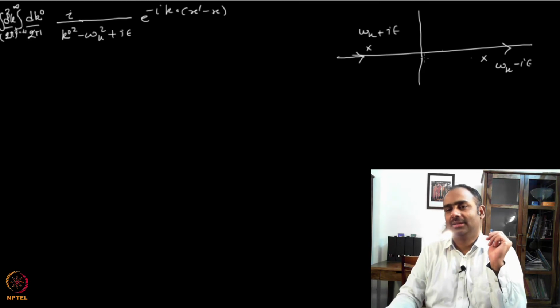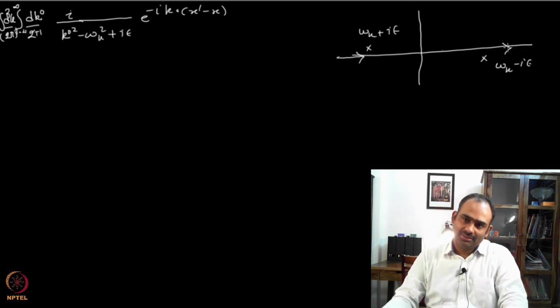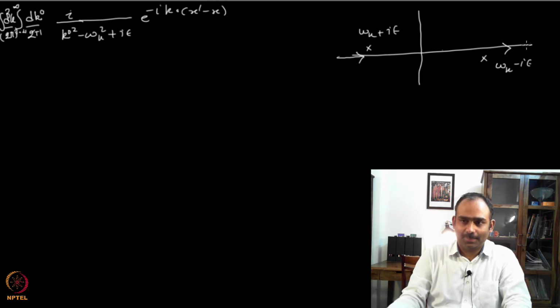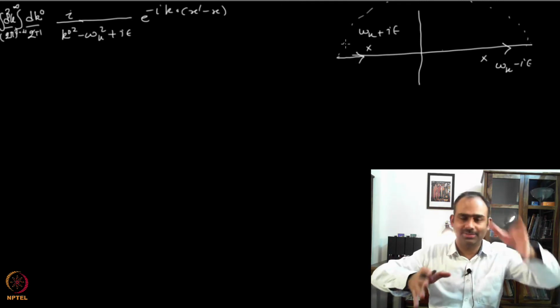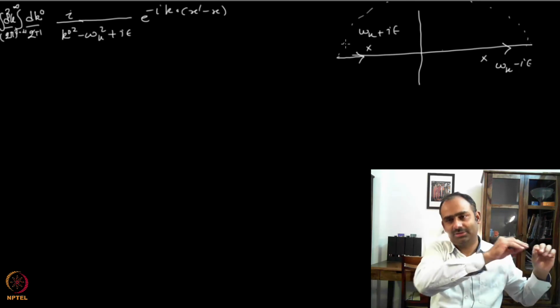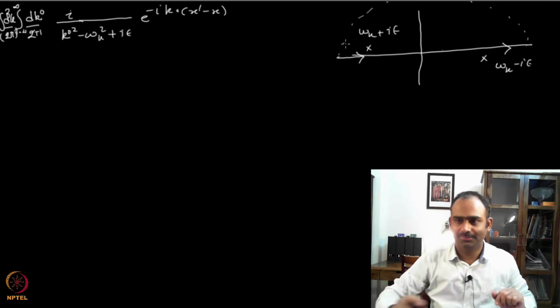Okay. But now I can do the integral. Now, it would be nice if I could close the contour, because if I could close the contour, let us say like this, okay, and then take the limit where the radius of this semicircle goes to infinity. In that infinite limit, the contour will be from minus infinity to plus infinity and an infinite semicircle closing it.